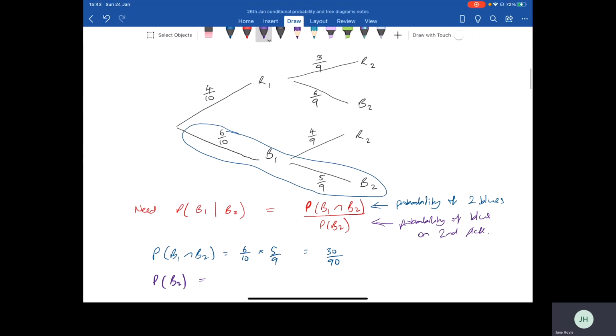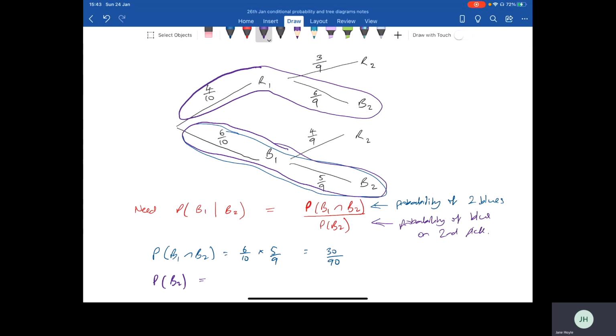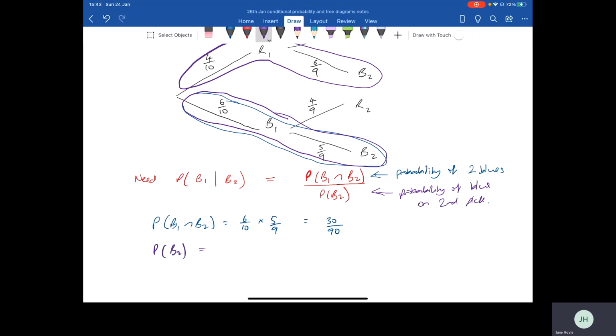So I can either go up this branch here, have a red on the first pick and then a blue on the second pick, or this one here. Of course I've already included that in the numerator, but for the denominator, we want to work out the probability of getting the blue on the second pick, and this is how I work it out.